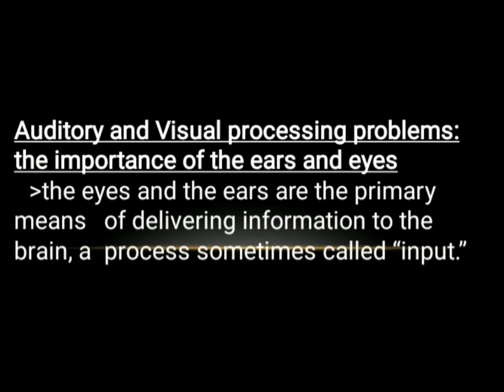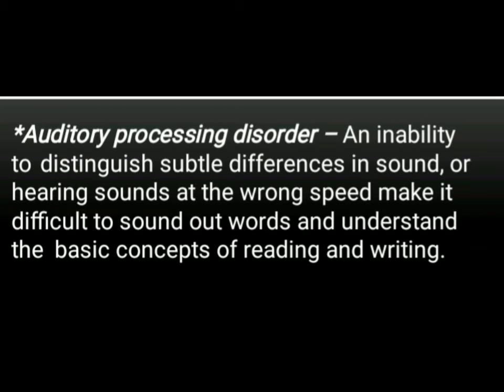If either the eyes or the ears aren't working properly, learning can suffer. We have the auditory processing disorder. It is an inability to distinguish subtle differences in sound, or hearing sounds at the wrong speed, which makes it difficult to sound out words and understand the basic concepts of reading and writing.